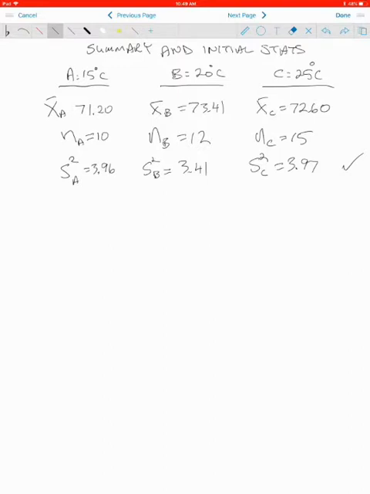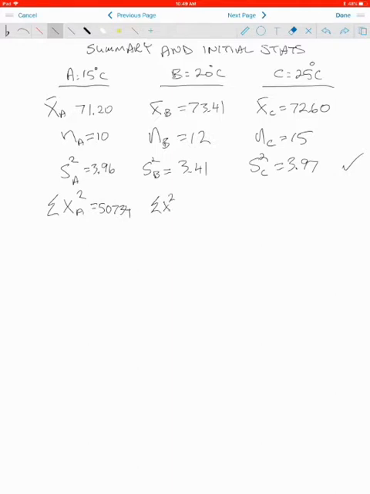So I've got the mean, sample size, and variance of each of the samples, and I'm going to write down some intermediate calculations that will be useful when we do the number crunching for the ANOVA. What I'm going to write here is the sum of the x's for group 1, and the sum of the x's squared for group 1. If I square all 10 values for group A and sum them, this equals 50,734.